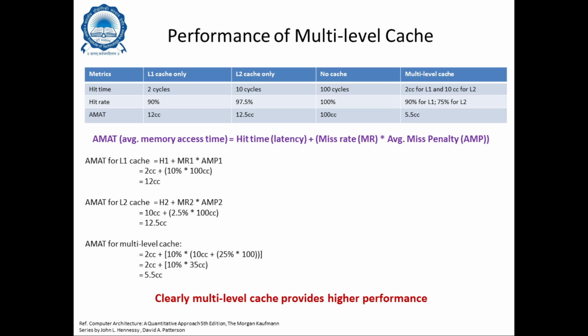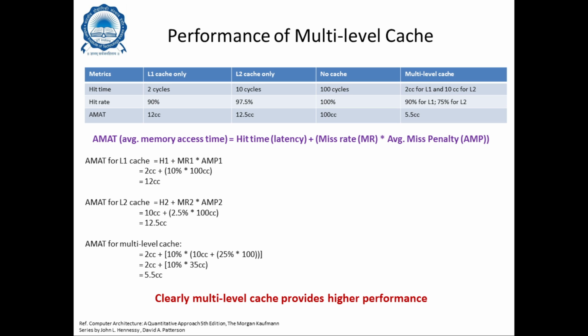The metrics are hit time for L1 cache it's 2 cycles, for L2 cache it's 10 cycles, and for no cache it's 100 cycles, and for multi-level cache it's 2 cycles for L1 and 10 cycles for L2. And the hit rate is 90% for L1 cache only, for L2 cache only it's 97.5%, and for no caches it's 100%, okay, because everything is present in the RAM. And for multi-level caches it's 90% for L1 and 75% for L2.